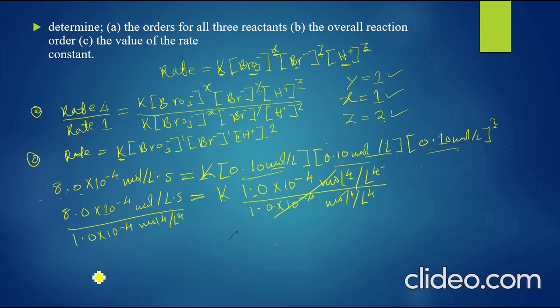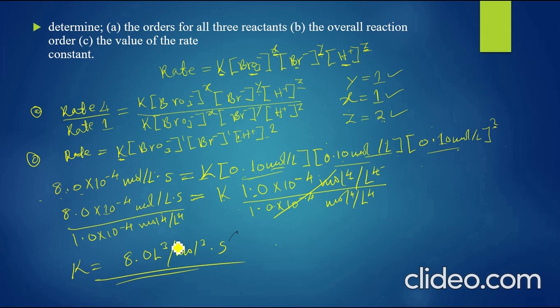Then when you cancel here, your concentration will be 8.0 liter to the power 3 per mole to the power 3 per second. So why has it reduced to 3 now? You know that when you're dividing laws of indices, you're subtracting the powers. So this is how you go about the rate law.